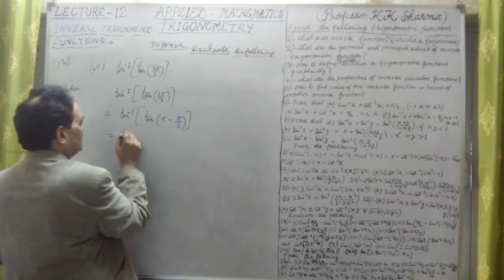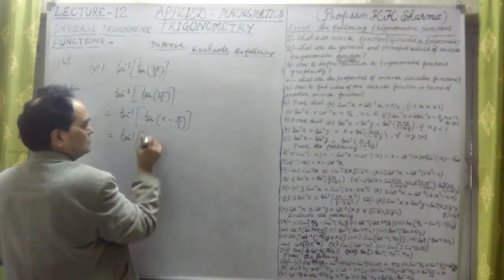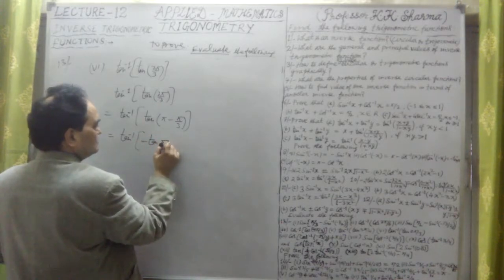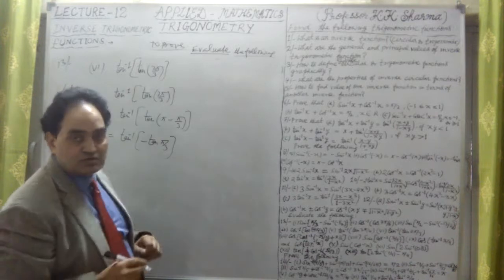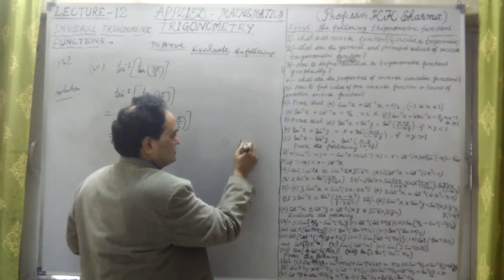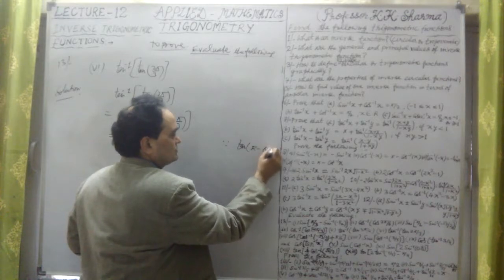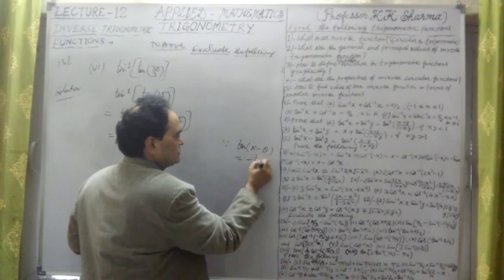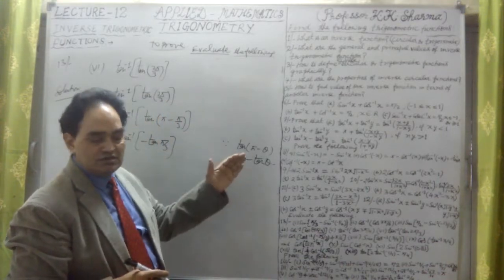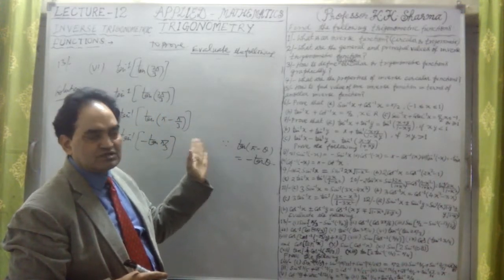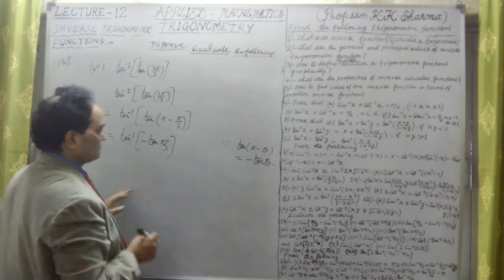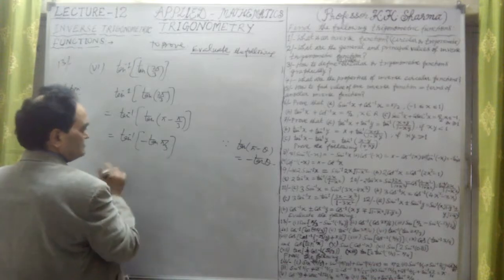It will give us tan inverse of minus tan pi by 3, since tan of pi minus theta is equal to minus tan theta. In the second quadrant it is negative, so it is minus tan theta.